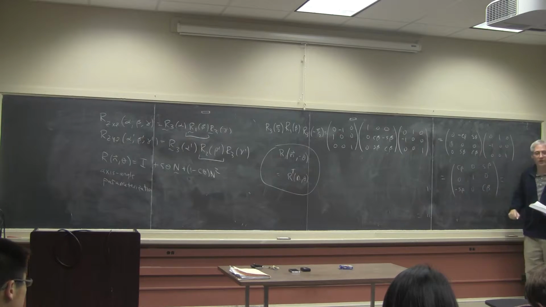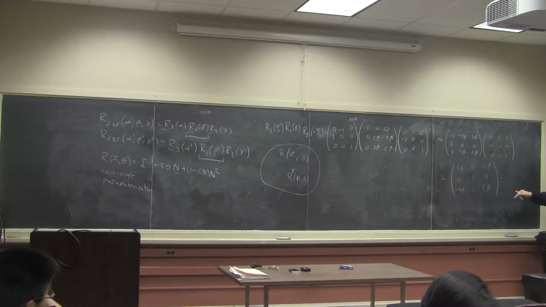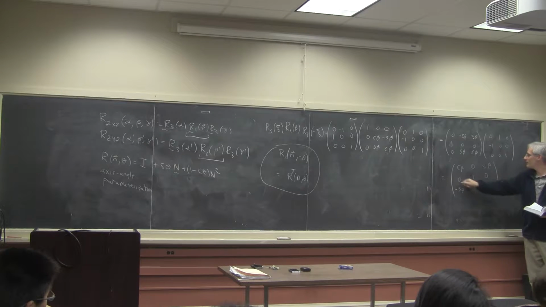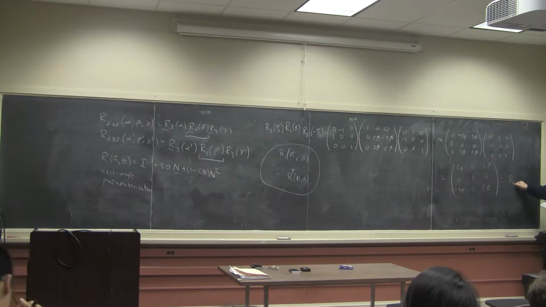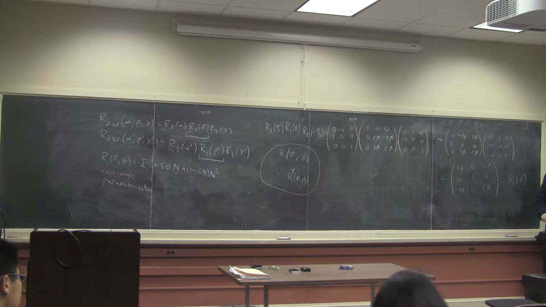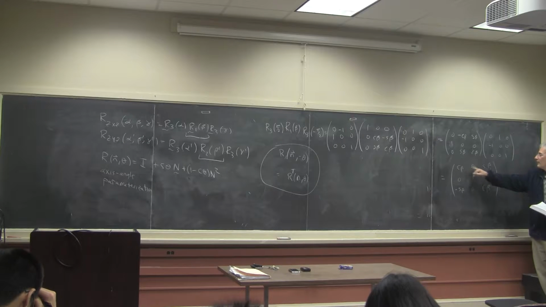Does this look familiar? I have a 1, zeros, cosines, sines. This is a rotation around the 2-axis by an angle beta.